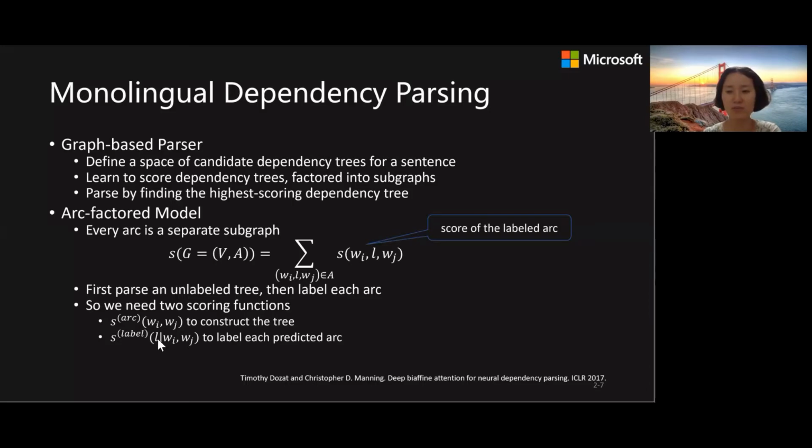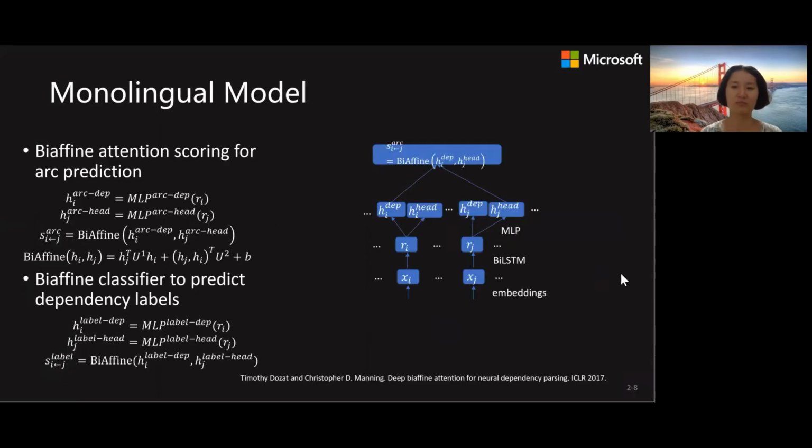It is used to predict the label of a given unlabeled arc, consisting of Wi and Wg. Now the problem is formulated as learning two models: an unlabeled arc prediction model, which predicts the head of each token, and a label prediction model, which predicts the label of a given head-dependent arc.